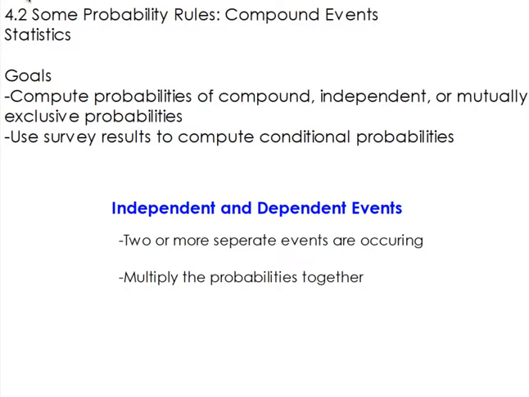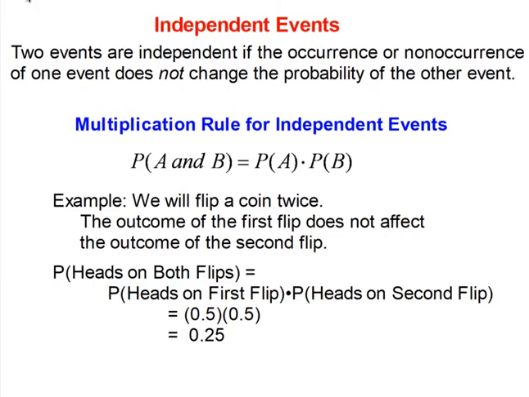Okay, so independent events: two events are independent if the outcome or non-occurrence of one event does not change the probability of the other event. The rule for multiplication for independent events is that you multiply the two probabilities together. The probability of A and B is equal to the probability of A on its own times the probability of B on its own.